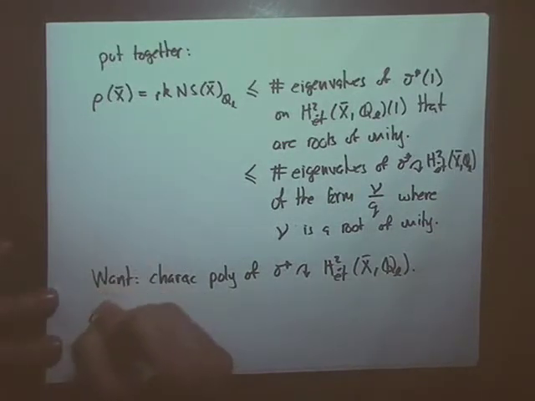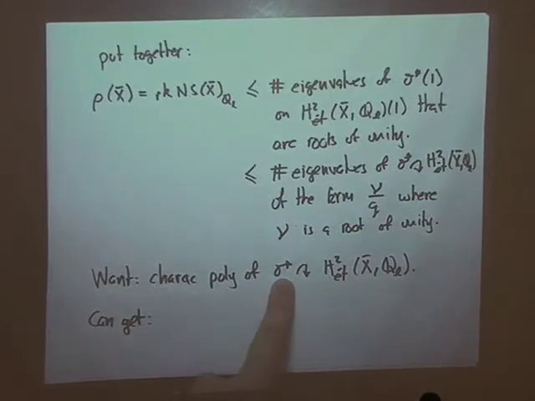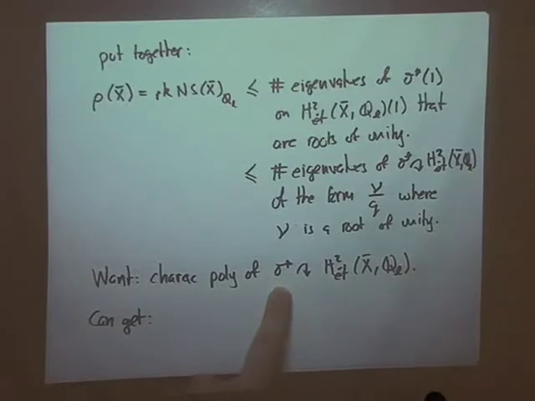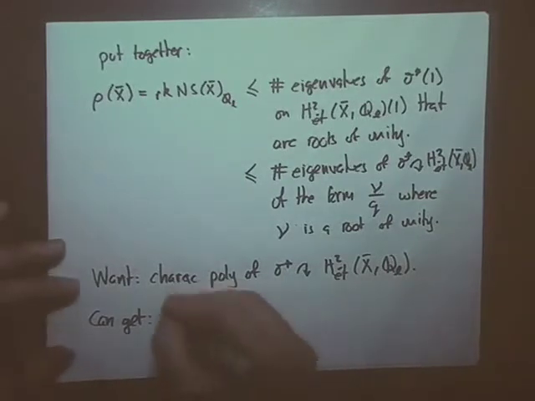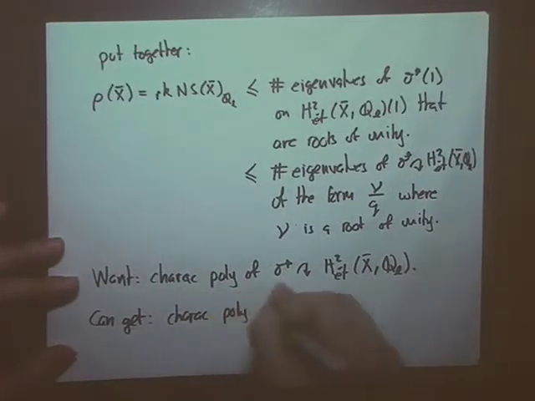So this is what we can get. I'm being a bit facetious here, but what I really mean is that calculating the characteristic polynomial of this thing directly can be kind of hard. It's a little easier to calculate the characteristic polynomial of the inverse of this thing. So the characteristic polynomial of sigma inverse acting on this thing.